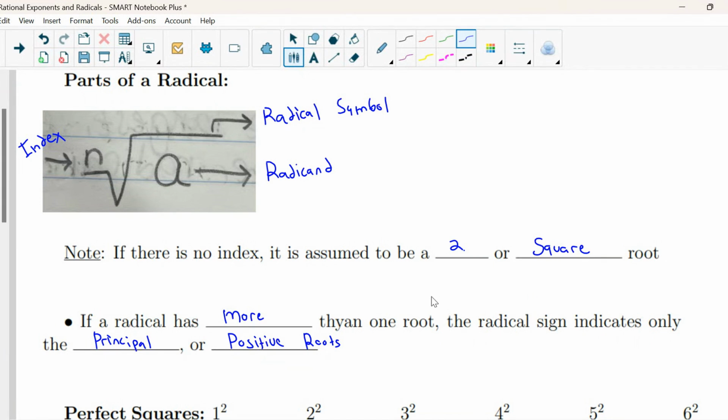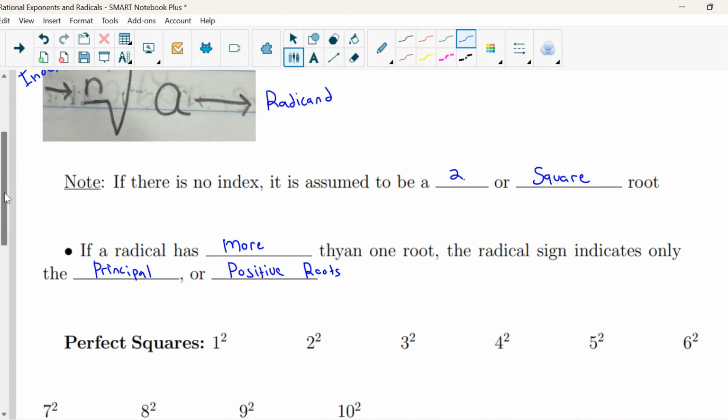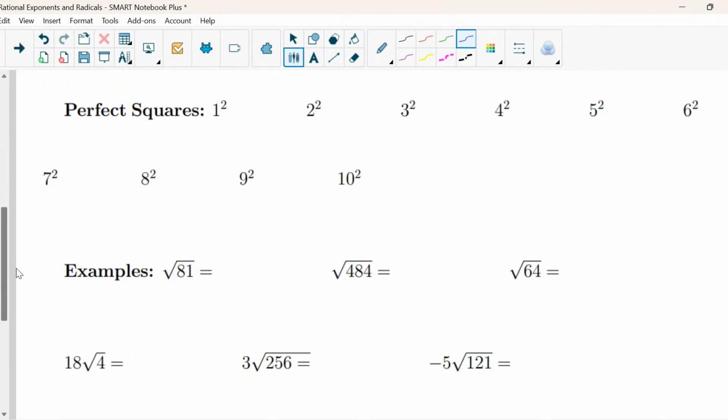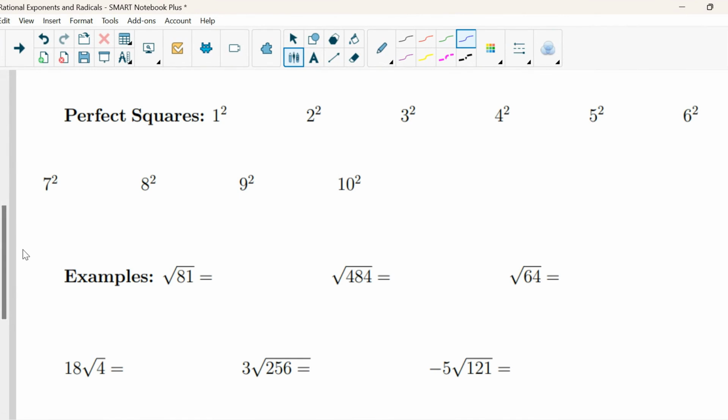It's implied. All right, so before we look at square roots in particular, it's really good to go over the perfect squares because that is how we are going to simplify our square roots.